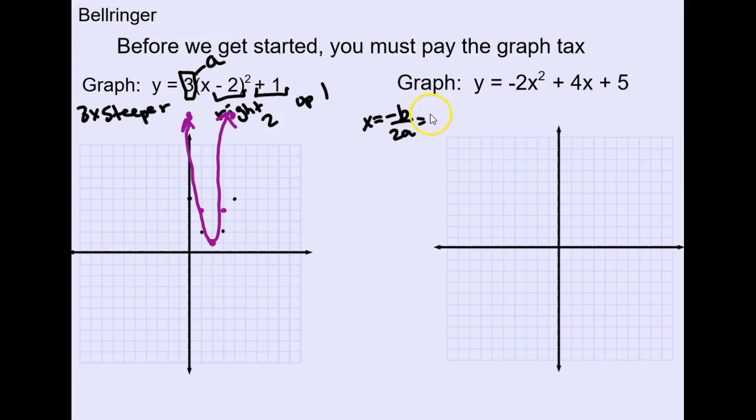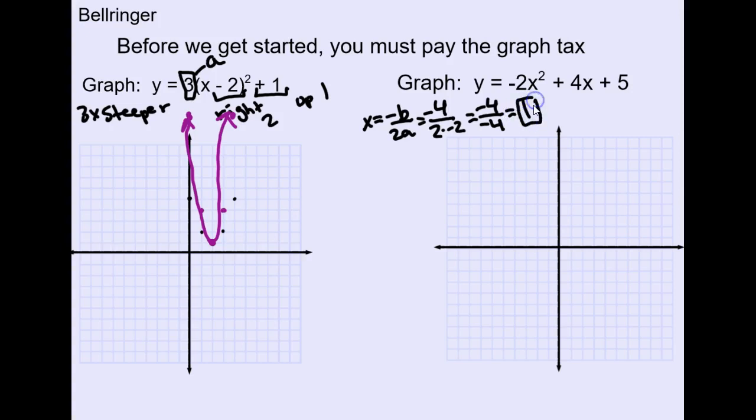So -b is -4. Because it's a +4, it becomes the opposite. So it's -4 divided by 2 times a, and a is -2. So 2 times -2 gives us -4 divided by -4, which is 1.